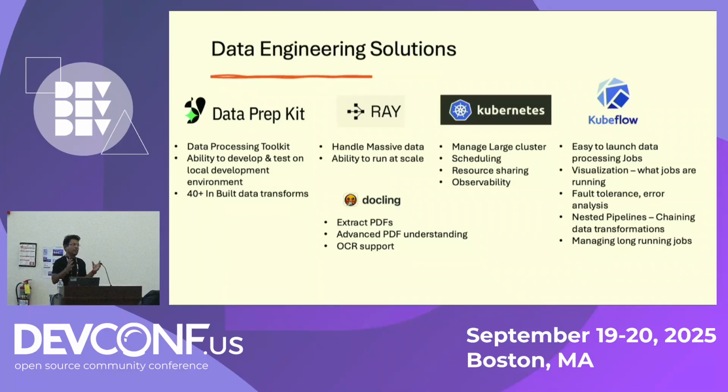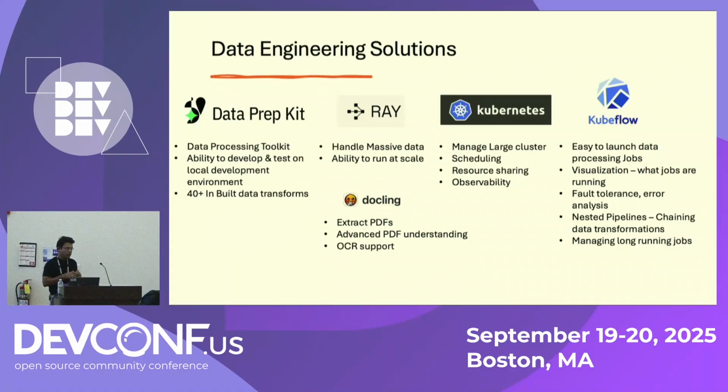Obviously, all these things need to be run in a cluster. And what is a better option than Kubernetes to run these jobs? So all these data processing jobs run on Kubernetes. Obviously, we have a very large cluster.